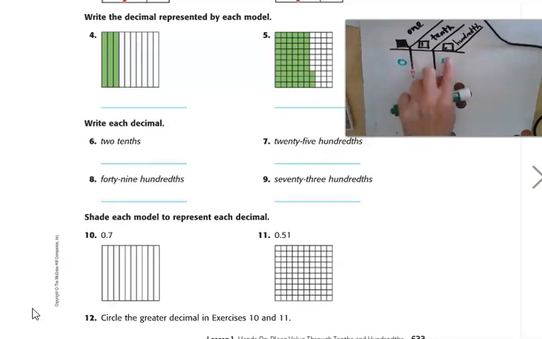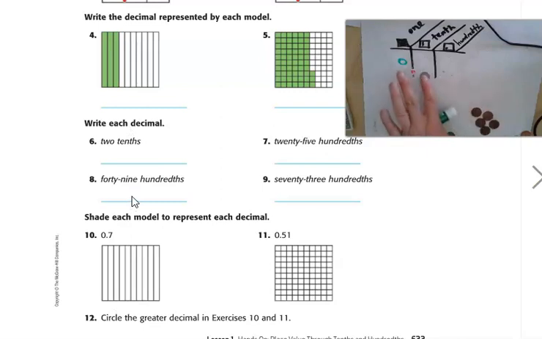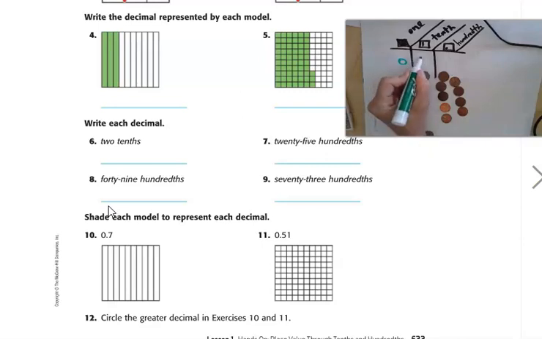Okay, now I'm looking at 49 hundredths, 10, 20, 30, 40, 41, 42, 43, 44, 45, 46, 47, 48, 49 hundredths. So I have 4/10 and 9 hundredths. It will be written that way for number 8.